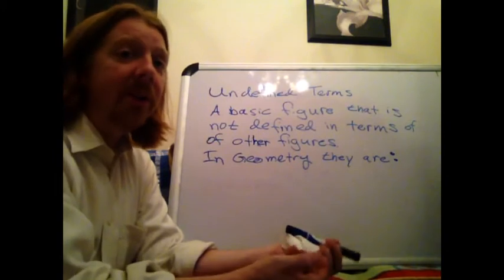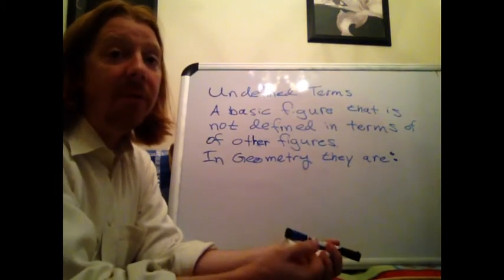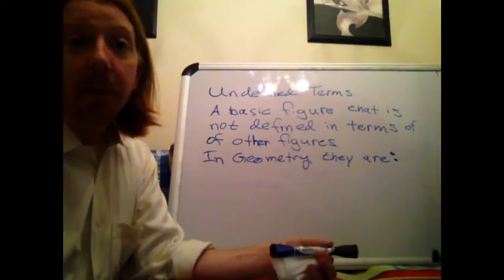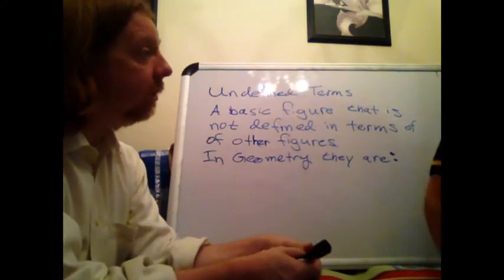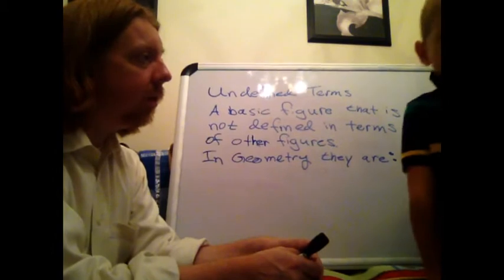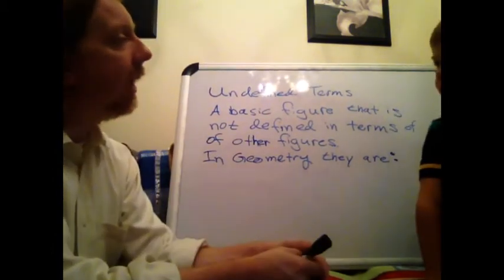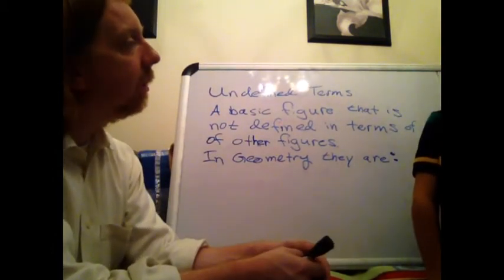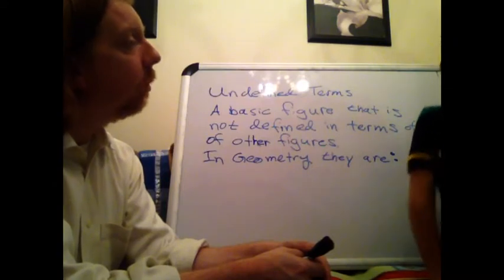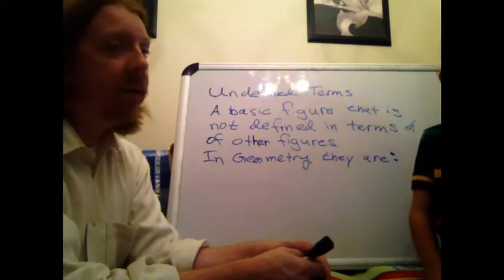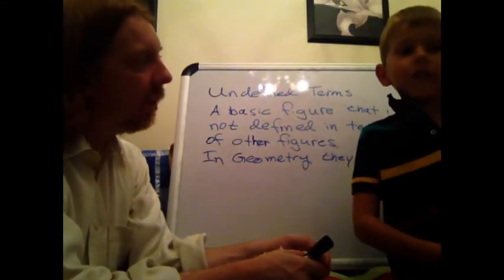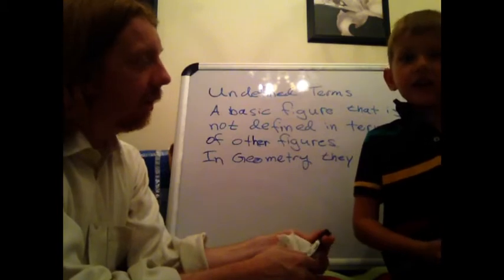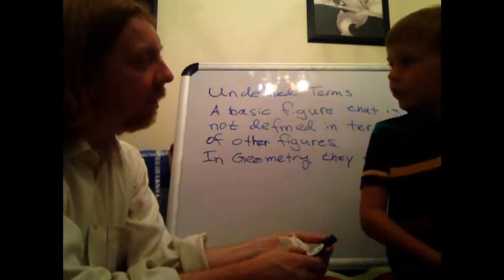So in other words, an undefined term is something that we don't reference to other things. For example, you might define a ball as a type of sphere. Or how would you describe a cat? What words would you use to describe what a cat looks like? Furry, and really cute.